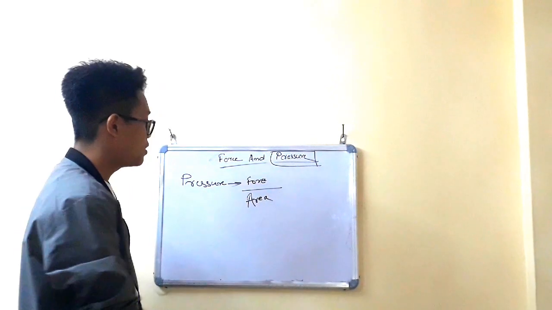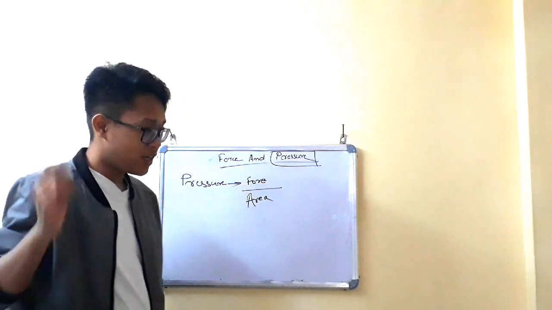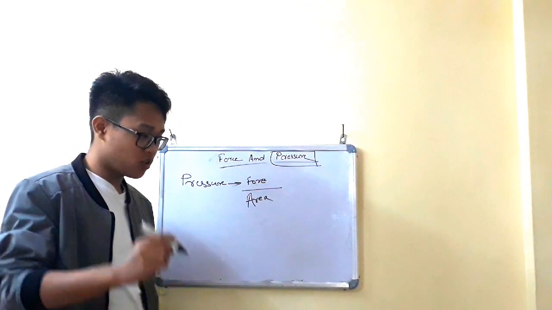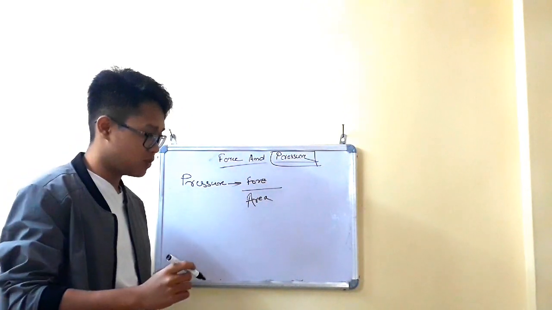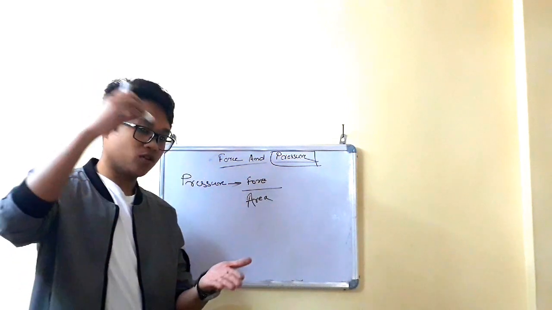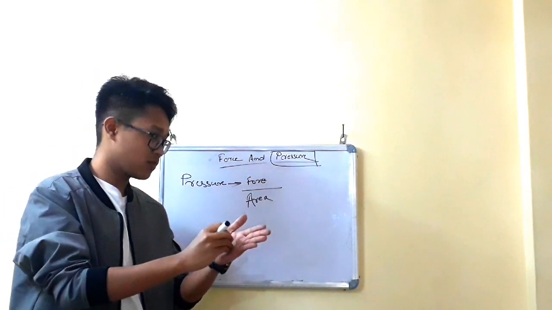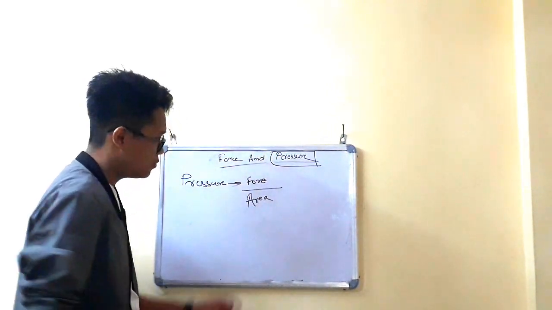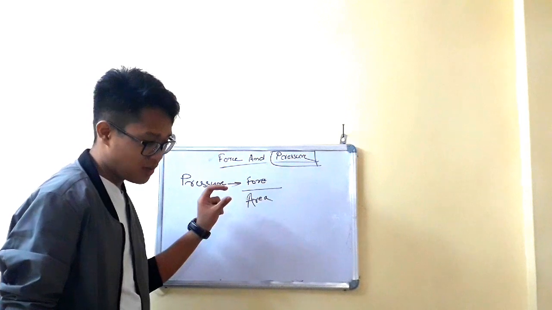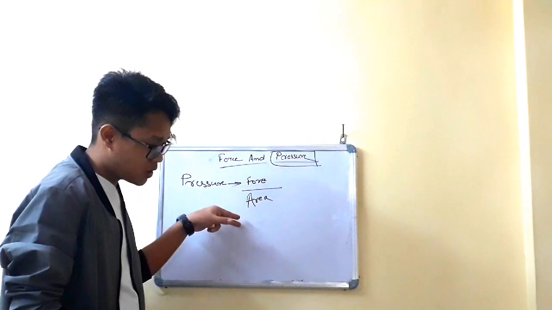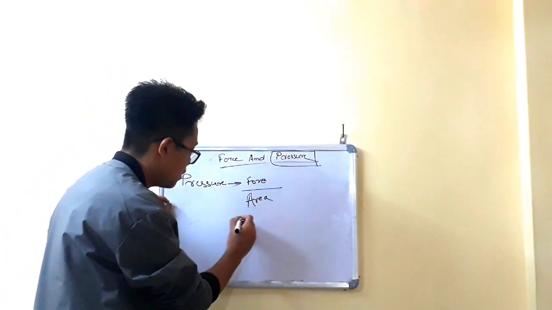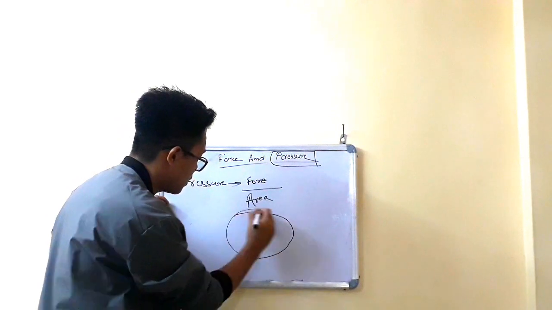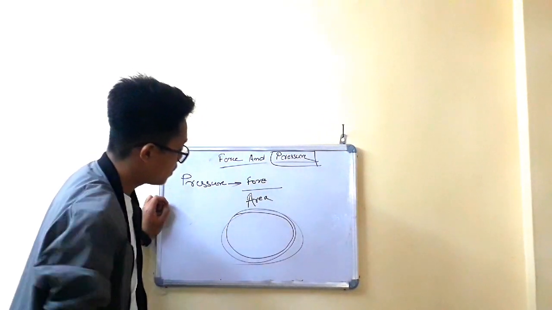area. It means that when I apply a force on any object, right? Suppose I am applying a force like this here, whatsoever on an object, and the force is applied on a particular area. Suppose let's take this is an object, a surface.